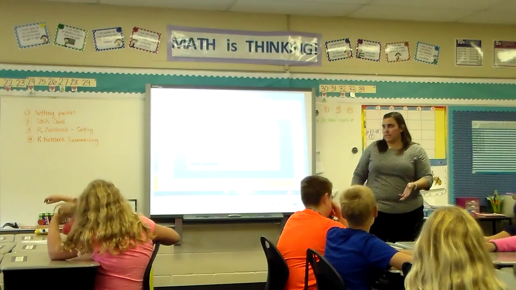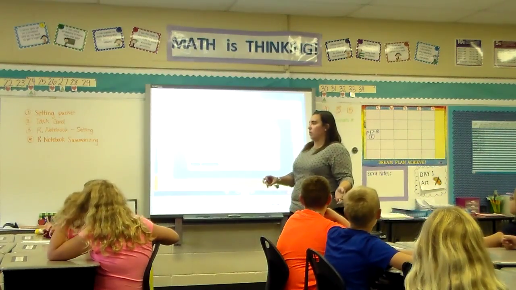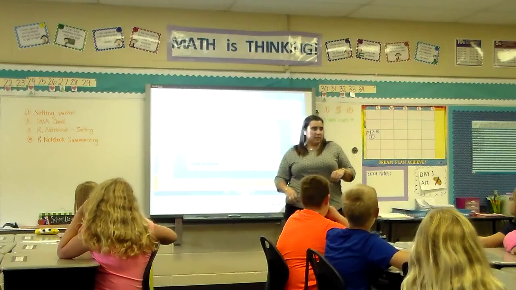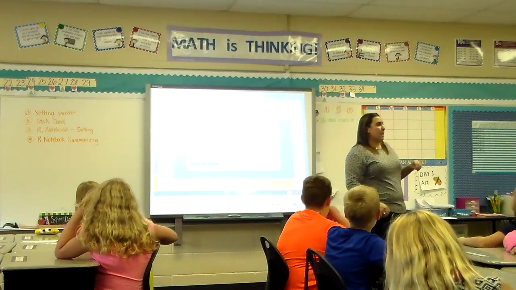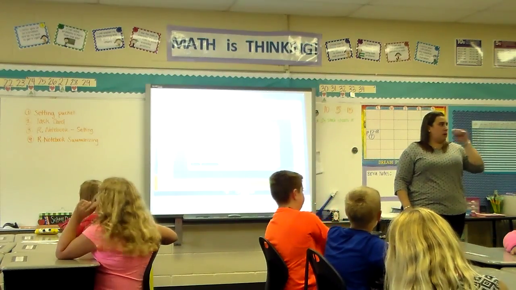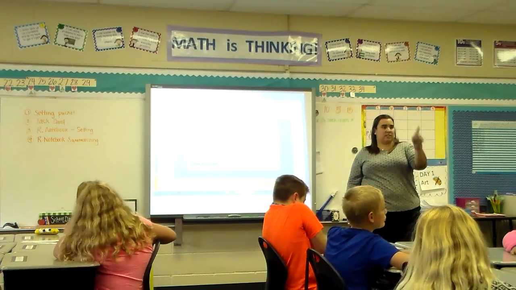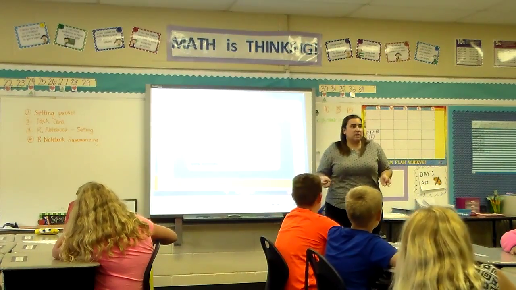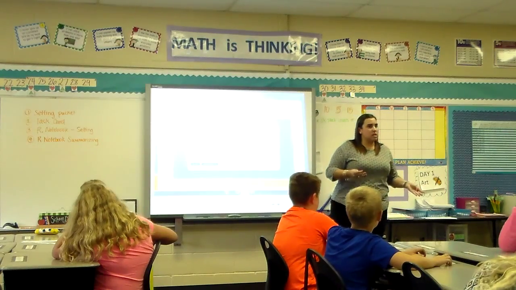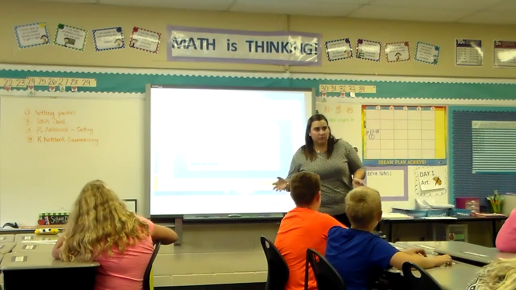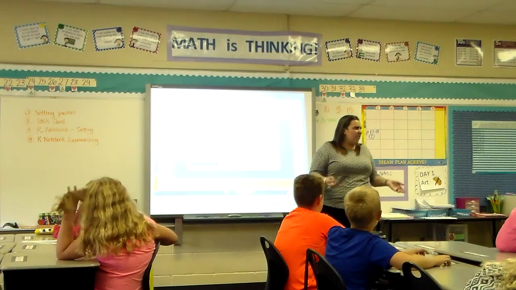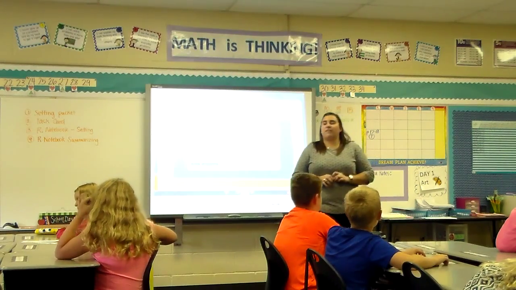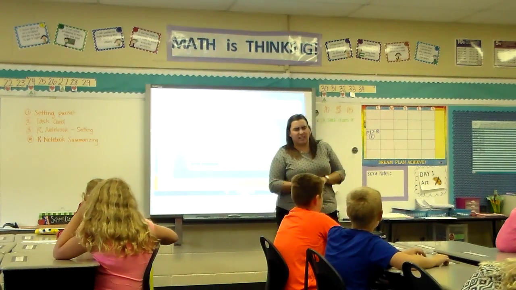I gave you the prompt and I said pick any two numbers of your own and find the factors. And some of you, I know Caleb was one of them, Lily changed her answer, Clayton changed his answer. Some of you got stuck. You found these numbers that didn't have very many factors. In fact, how many factors did they have?